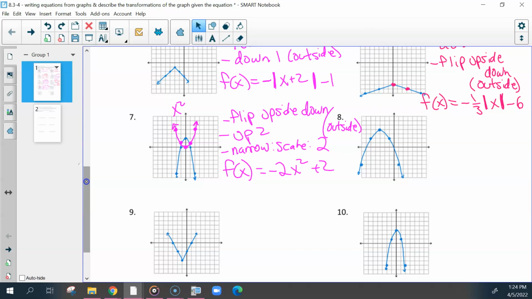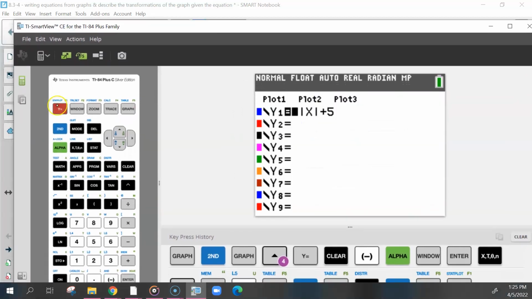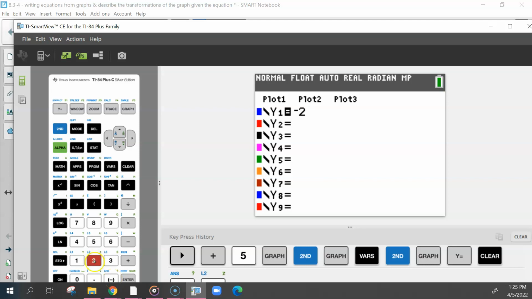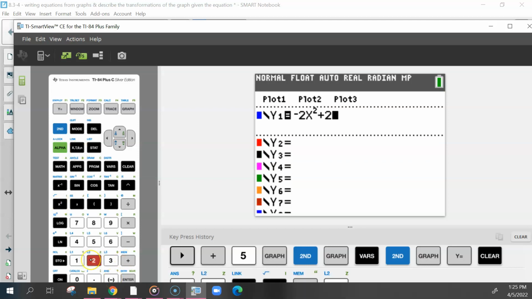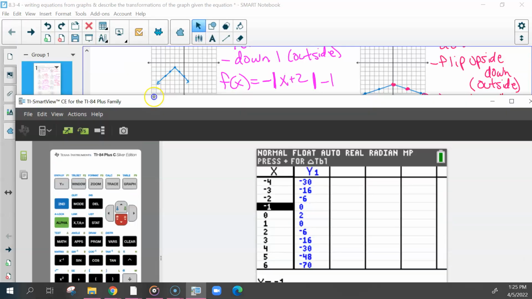So I'm going to put this one in our calculator just to make sure that we did the scale right. Negative 2x squared plus 2. And then I'm just going to compare some of the values. So we have negative 2, negative 6.